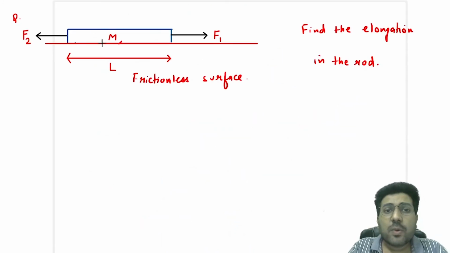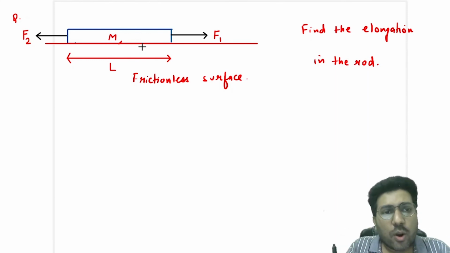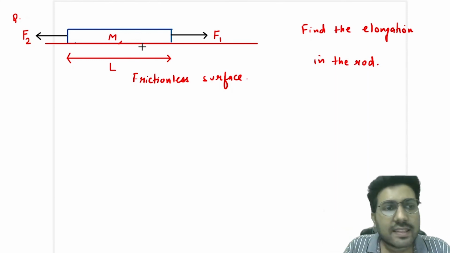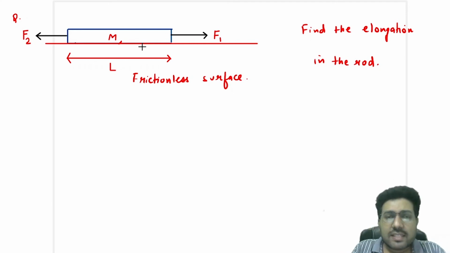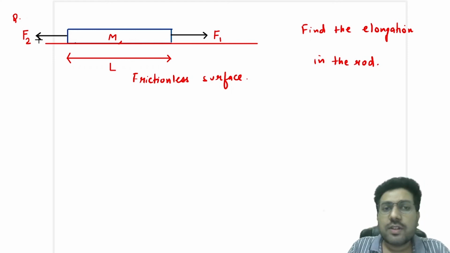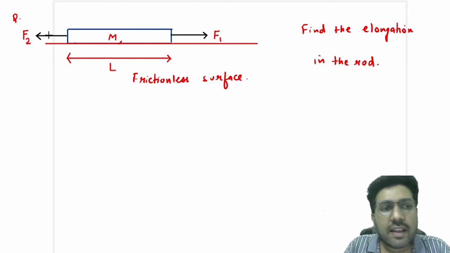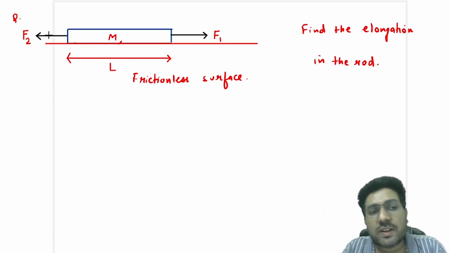Now in this question what they are asking you is, there is a rod of mass m and length L. It is on a frictionless surface and there are two forces acting on it, one is F1 and the other is F2. Suppose that F1 is greater than F2 so that this rod will move towards right.